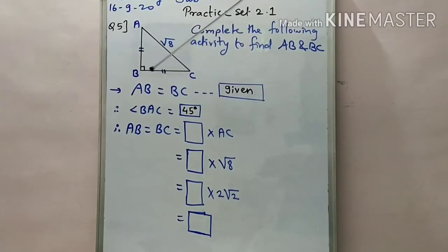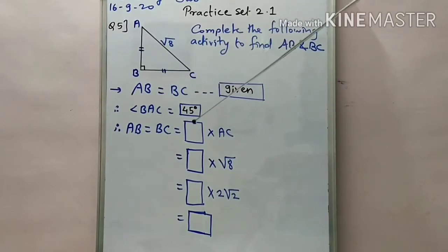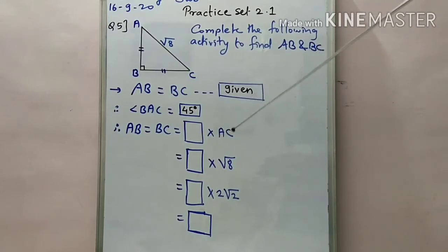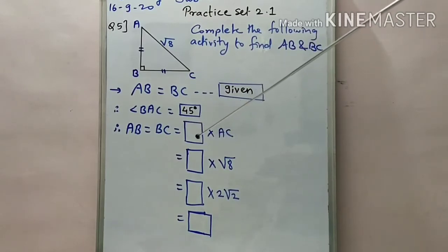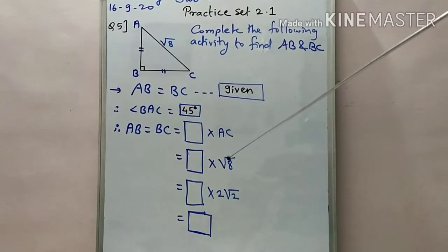And according to the theorem, the side opposite to 45 degrees is 1 upon root 2 times the hypotenuse. It means AB equals BC, which are opposite to the 45 degree angles, equal 1 upon root 2 times the hypotenuse, and the hypotenuse is AC. So in this step we write 1 upon root 2, then substitute the value of AC as root 8.